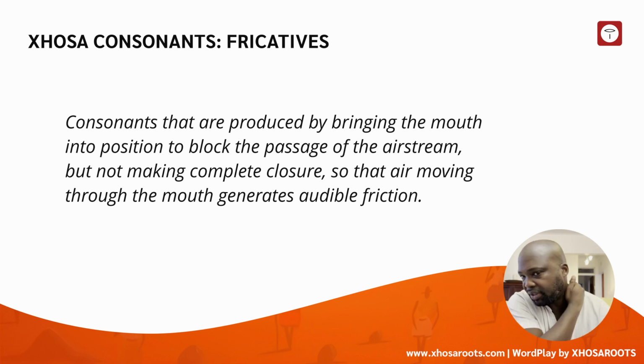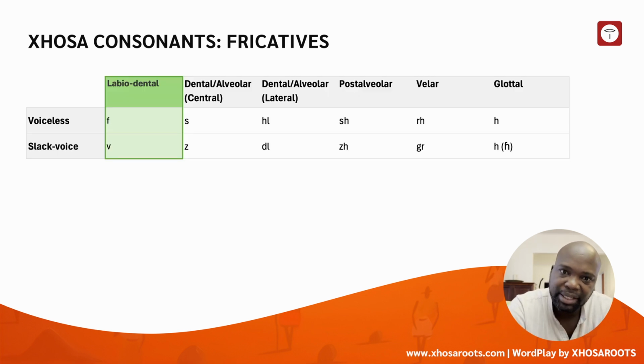Before we look at examples, again, we can group them further. The high level groups are the labiodental ones. When it's labiodental, it means that it's a combination of your lips, or one lip, with your teeth in order to produce this sound.